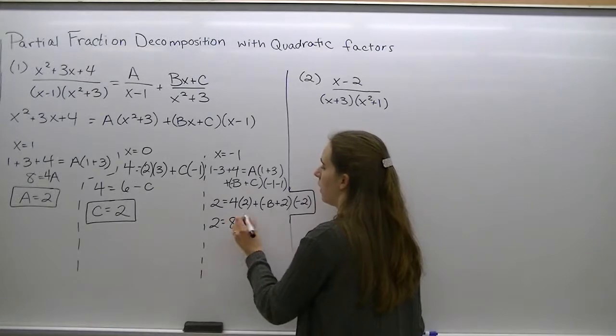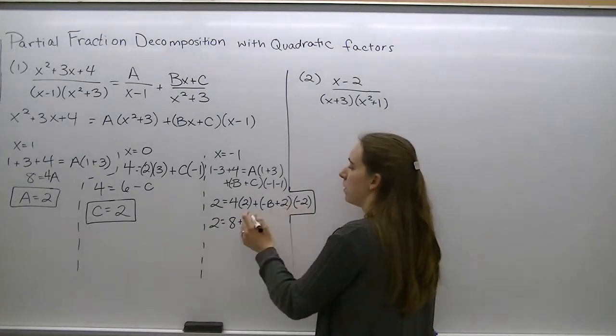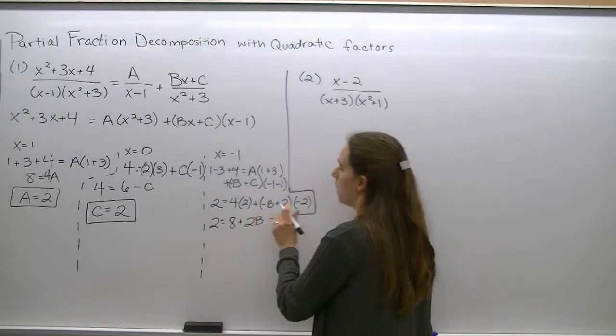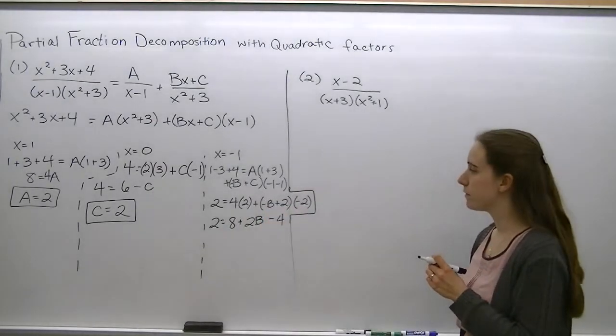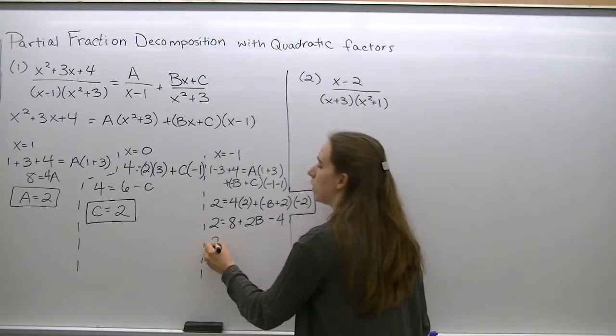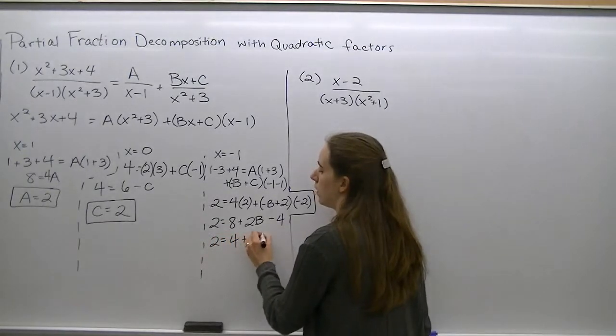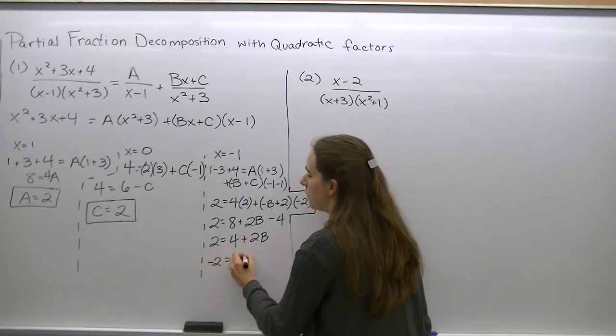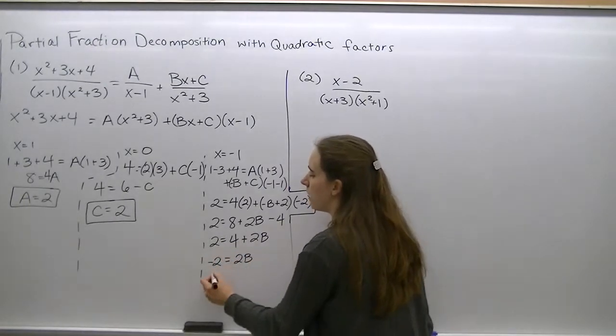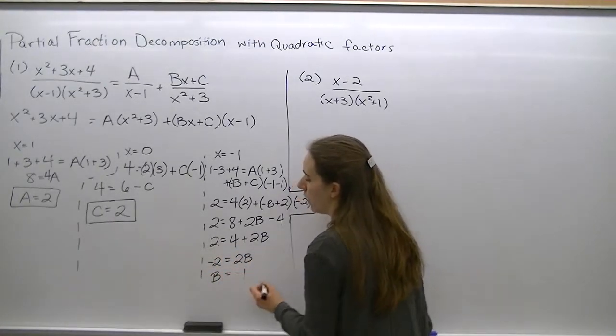So I have plus 2b once those are multiplied, and then a minus 4 for my second term. So when I move the 4 over to the other side, I get that negative 2 is equal to 2b. So when I divide by 2, I'll get negative 1.